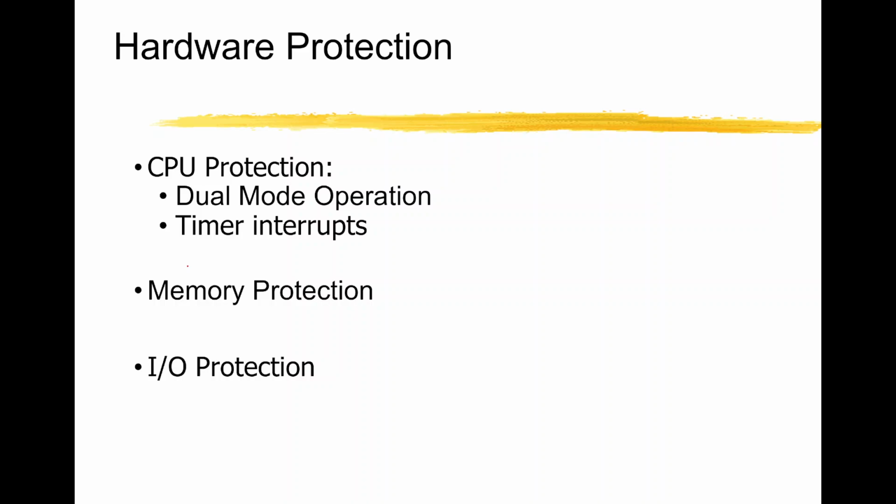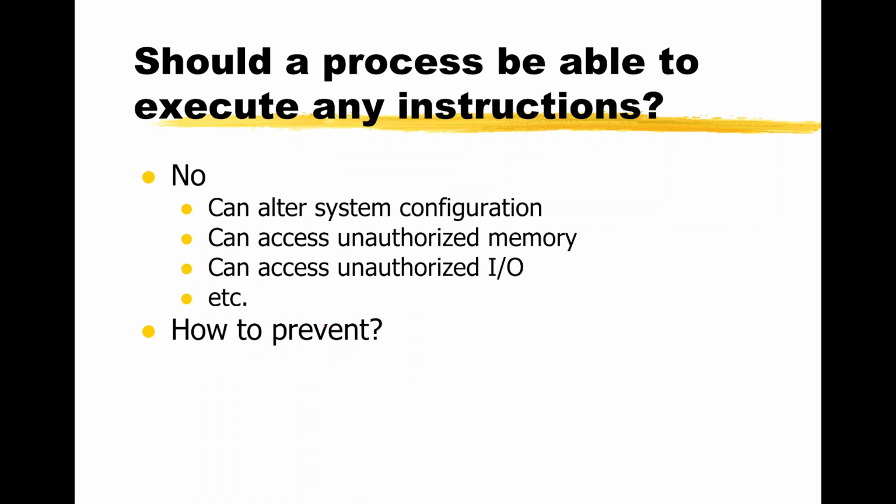So we have what we call CPU protection. To protect the CPU, we have dual mode operation and also timer interrupts. Those are the two ways. We'll see how they function later. Then we also have memory protection techniques, and I/O protection techniques. We're going to see all of them.